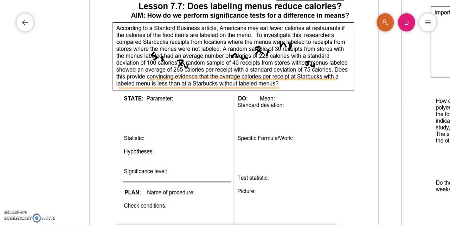All right. Of course, we always start off our significance test by defining our parameter. In this case, these come from two different samples, which means we have a true difference. So our parameter is a true difference in means, and I'm going to abbreviate in this, but you should write the whole thing out. Let me zoom in for a bit so I can write this a little bit neater.